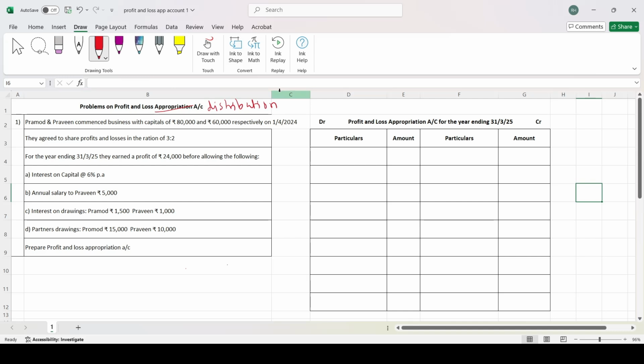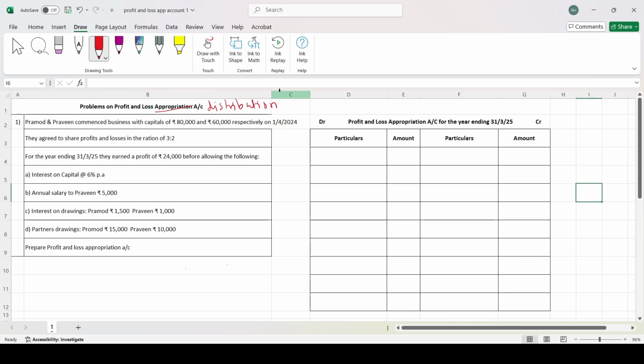See, as we all know, in the financial statements we prepare the profit and loss account and balance sheet. In the profit and loss account, we find out the profit earned in the business during that particular year. So that account is meant for finding out the profit or loss earned or incurred in that year. After finding the profit, that profit should be distributed for various purposes. That will be done in this P&L appropriation account.